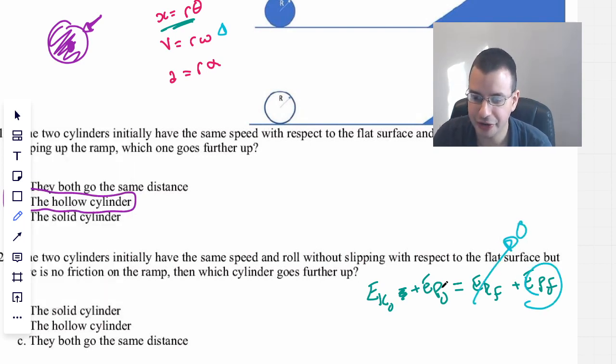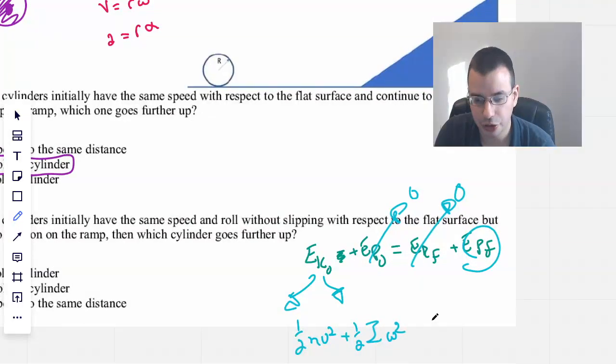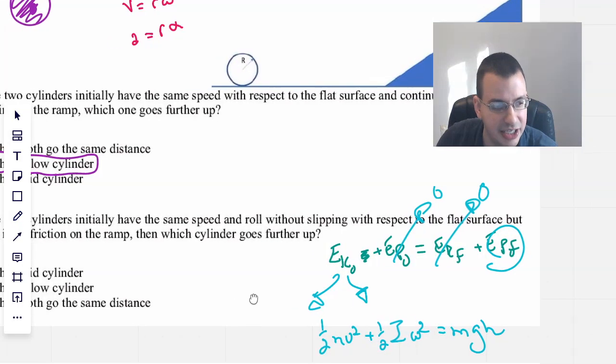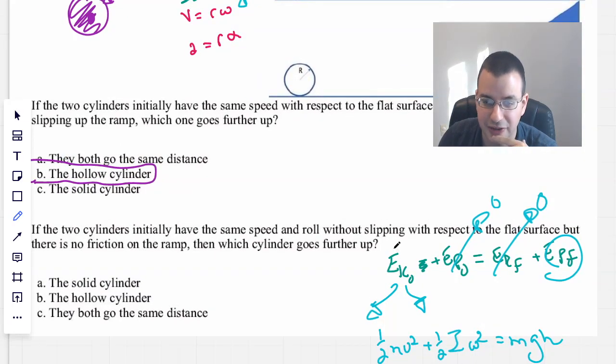The energy kinetic final is 0, energy potential initial is 0. We break this up into two portions. We have 1/2 mv squared plus 1/2 moment of inertia times angular velocity squared equals mass times gravity times height. And what this is saying is the two cylinders initially have the same speed and roll without slipping with respect to the flat surface.